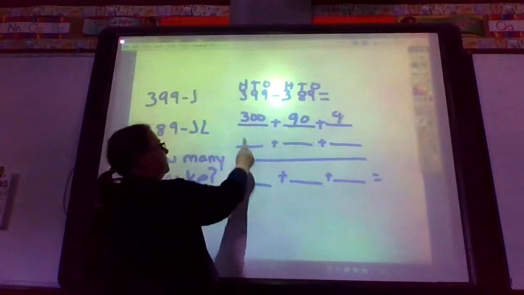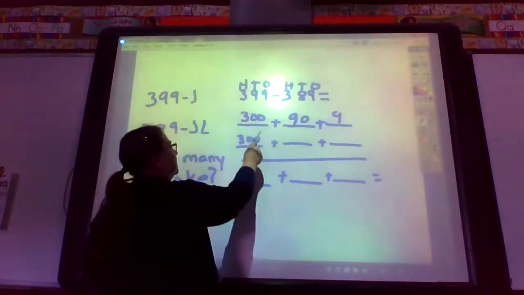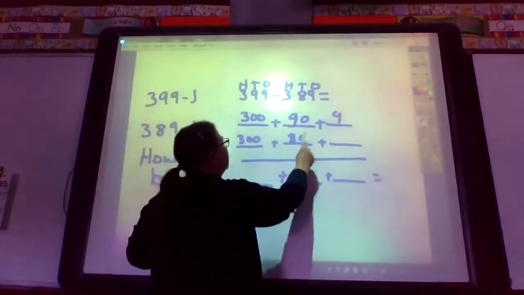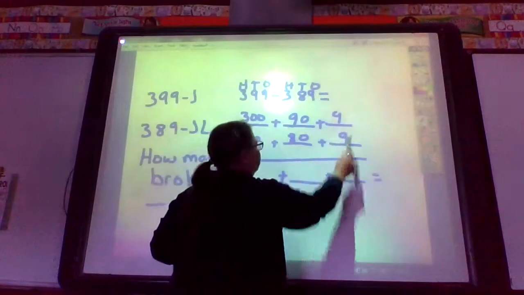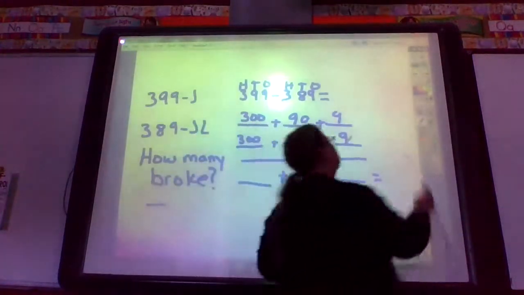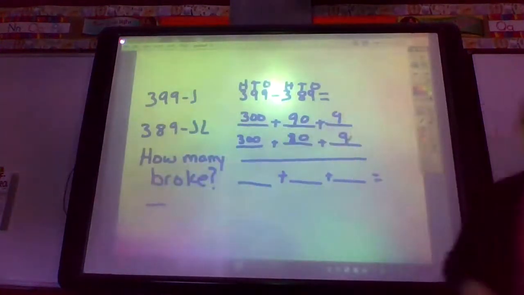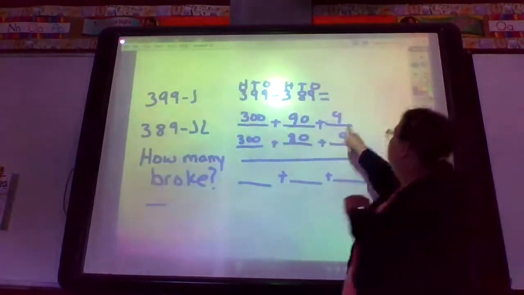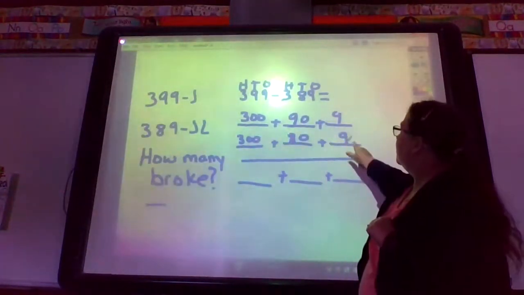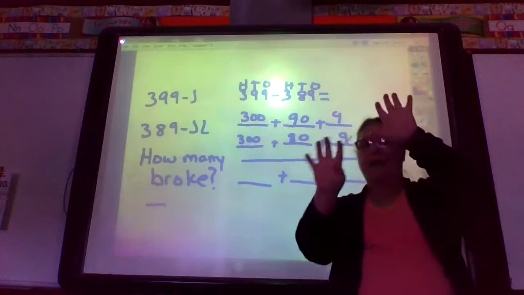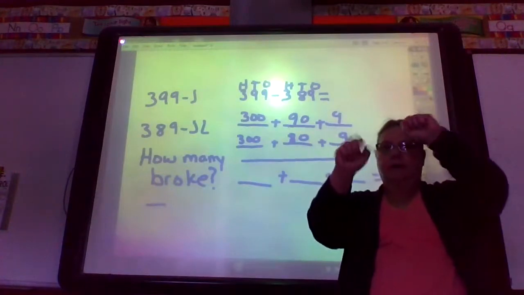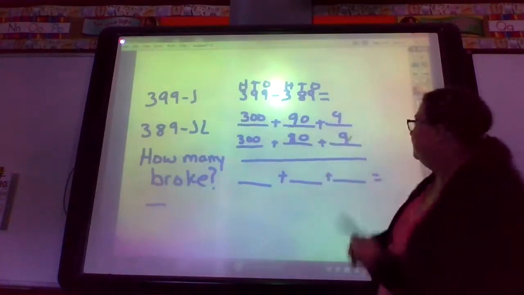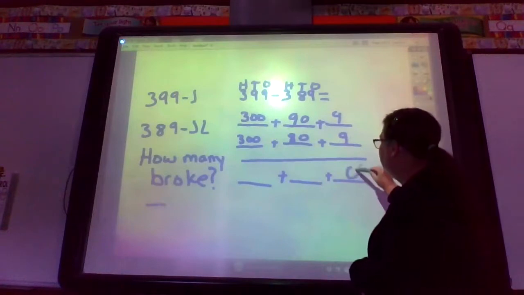And then on the other one, 389. Okay, this is where I'm just going to use my subtraction. If I have 9 ones and I take 9 away, I have 0 ones now.